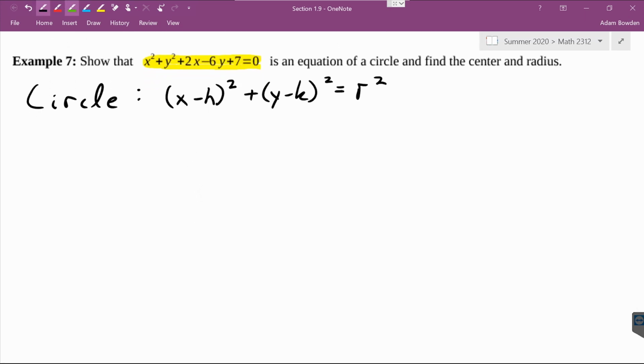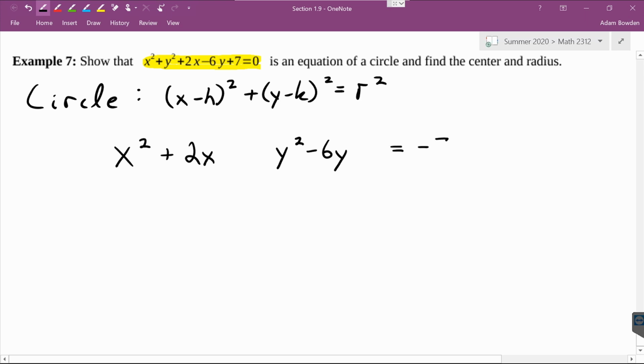What I'm going to do first is rearrange this equation a little bit. I'll put x squared, then plus 2x, then y squared and minus 6y, and I'm going to move that 7 over to the other side so it looks like equals negative 7 instead.